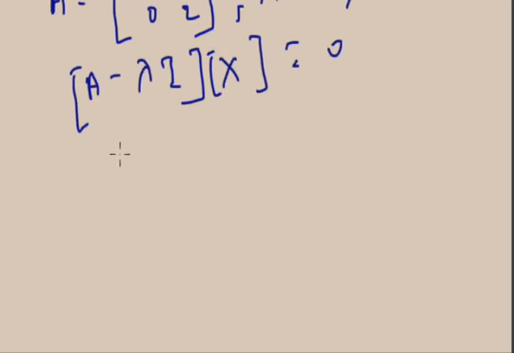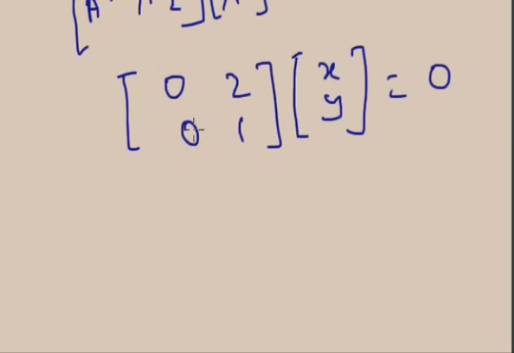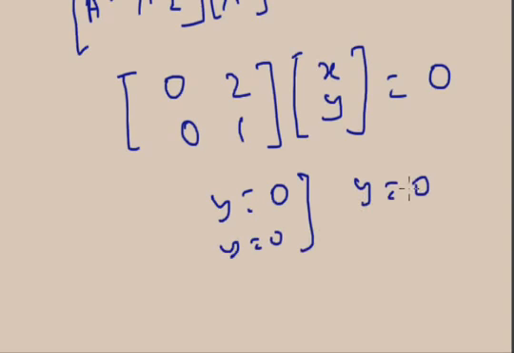So 1 minus 1 is 0, so 0, 2, 0, 1, since 2 minus 1 is 1, and x, y is equal to 0. The meaning of this is 0 into x plus 2 into y is equal to 0. And from the second equation, 0 into x plus 1 into y is equal to 0. Both equations give y is equal to 0 and x can be anything, suppose k.